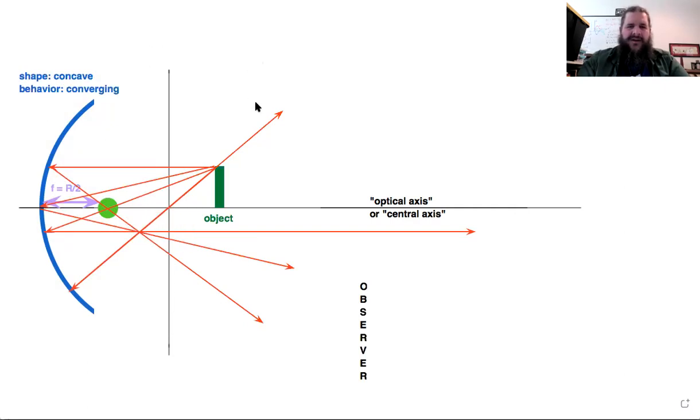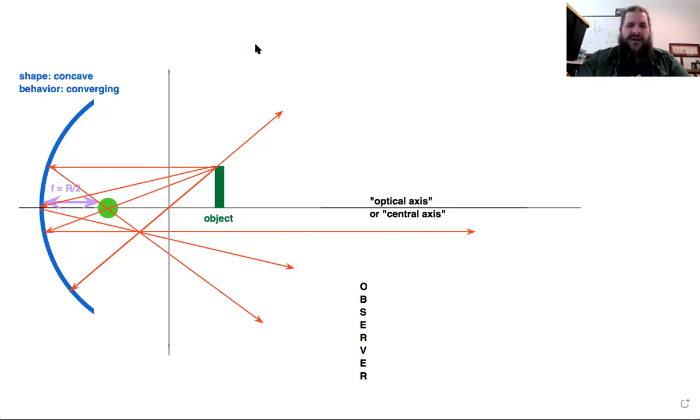Your brain is just thinking, oh, we've got this ray of light, and this ray of light, and this ray of light, and this ray of light, and those rays must have come from this location. Because your brain naturally and quite intuitively, I think, tends to think of light as traveling in straight lines, which most of the time it does.